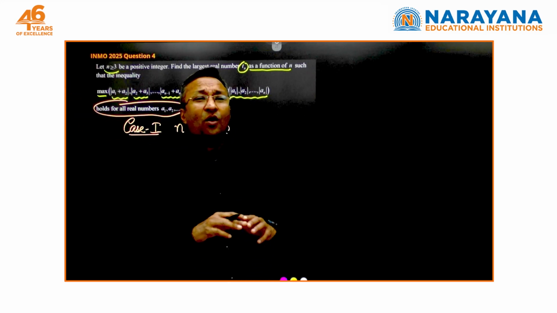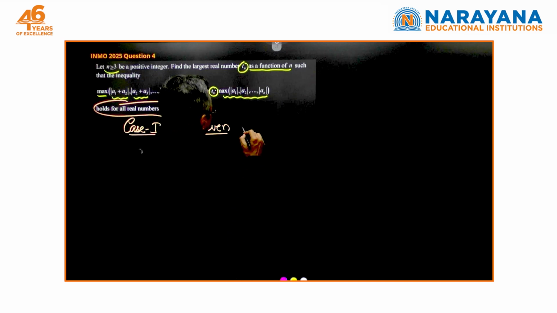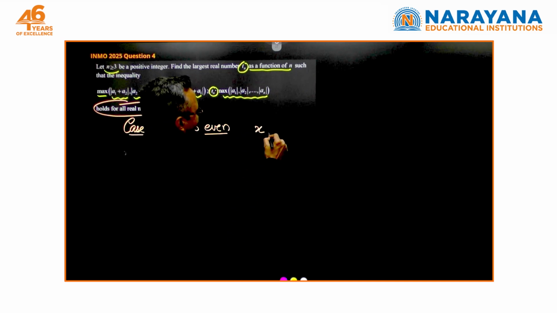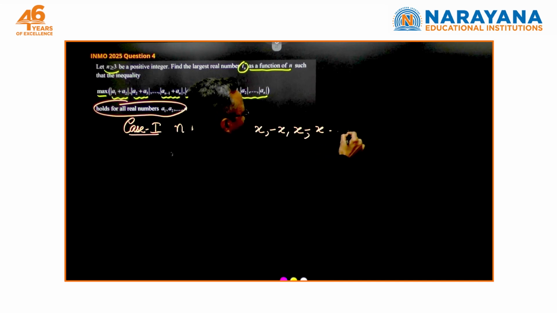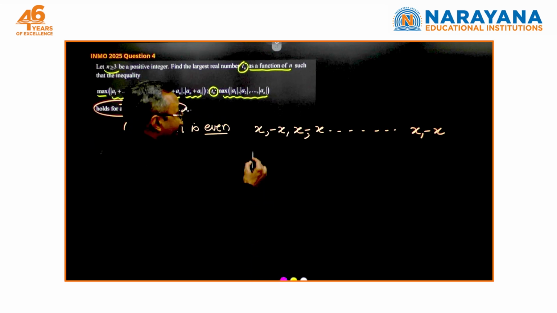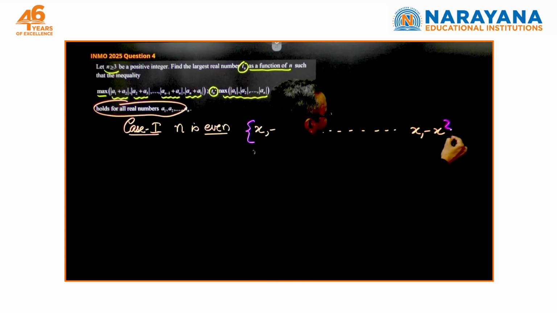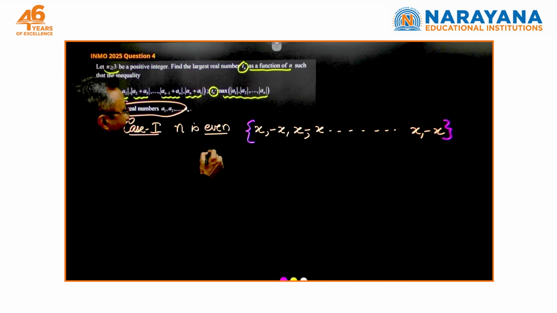Since it is always supposed to be true for all sets of real numbers, here we take these numbers as x, minus x, x, minus x, because it's only mentioned real numbers, nothing positive or negative. If I take all the a1, a2, a3, ..., an as alternately plus and minus x, your left hand side eventually becomes 0.